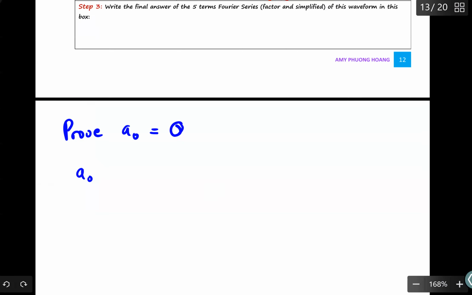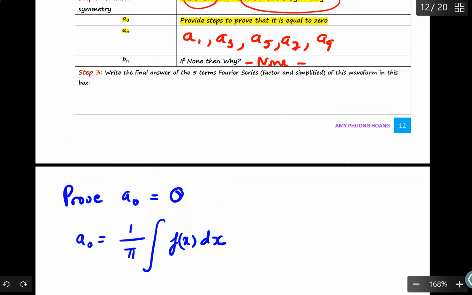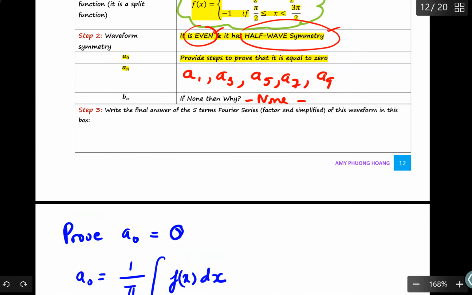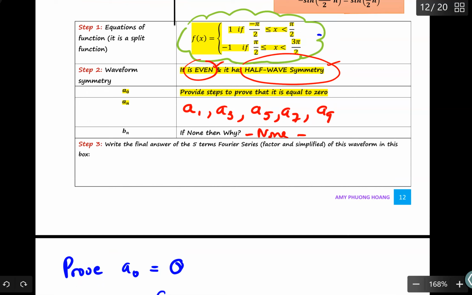A naught is equal to 1 over pi, the integral of f(x) dx. And in this case, f(x) is given in this form.